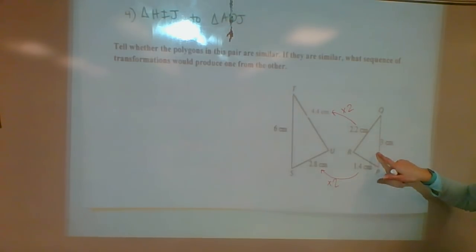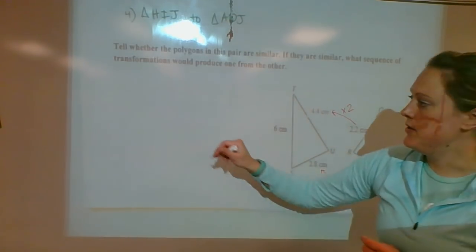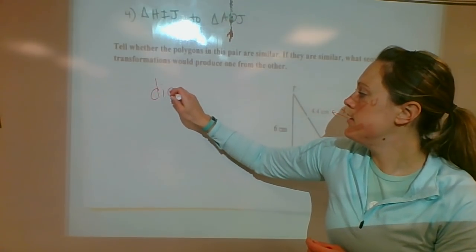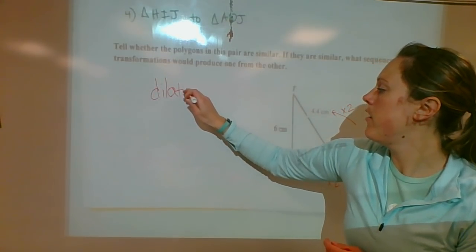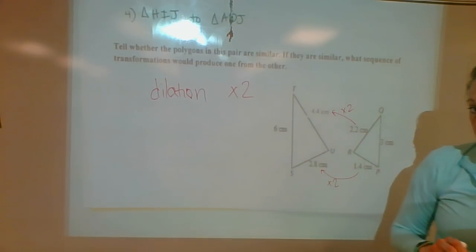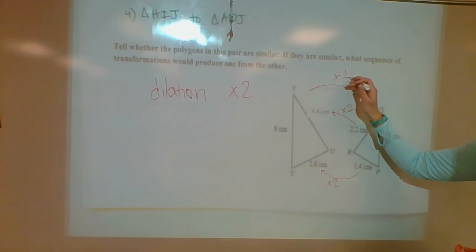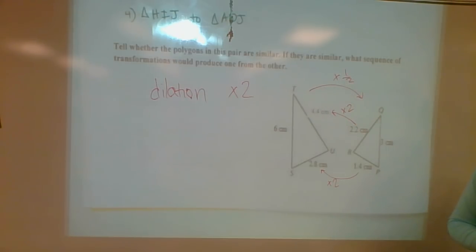Could I do that same thing with the longest sides? You betcha. 3 times 2 is 6. So the first type of transformation I would say is that it's a dilation, and my scale factor is times 2. Remember, we could also go the other way. If you'd like to stay smaller, I'm going to go ahead and draw my direction the other way, then my dilation would be times a half to make it smaller.